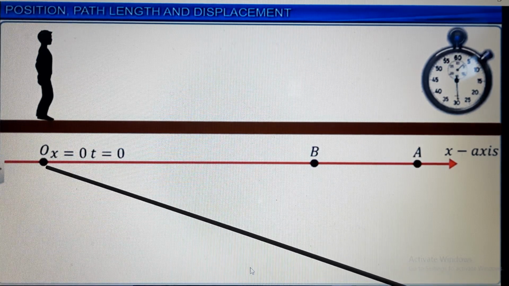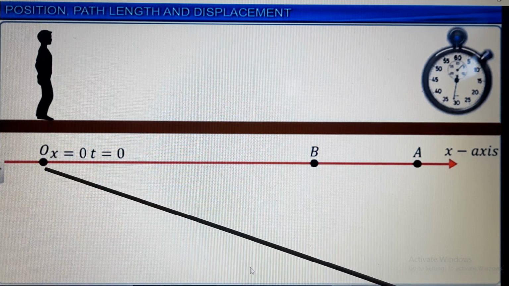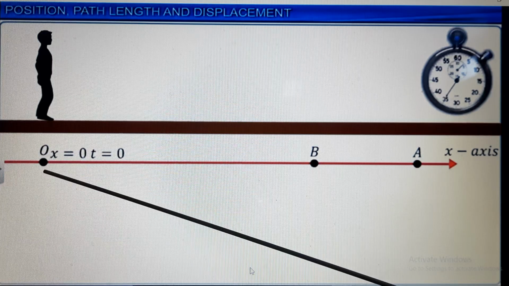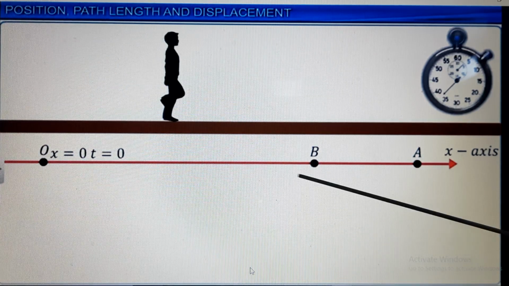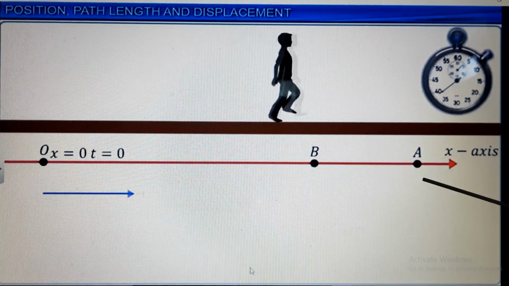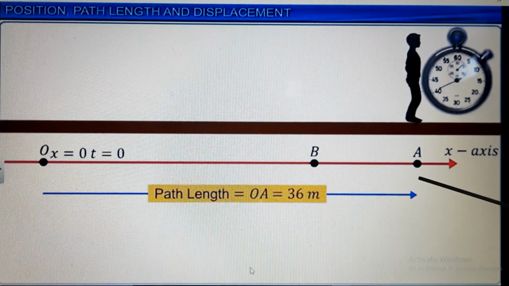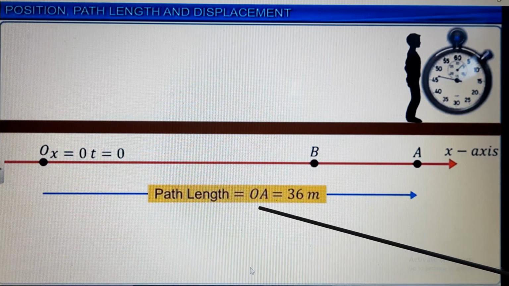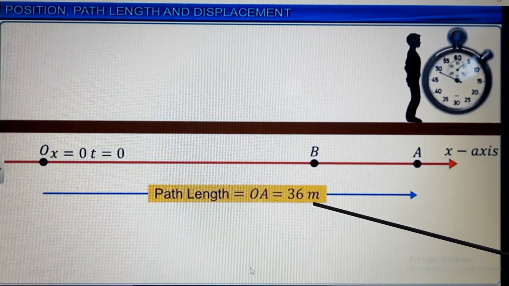This boy is moved in the x direction. After some time, he reached point A. So the distance between O and A is called path length. Here path length OA is equal to 36 meter.